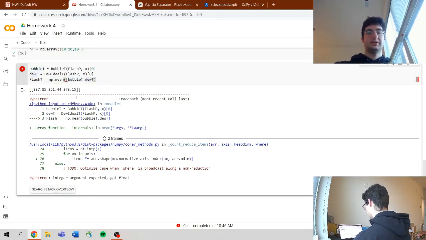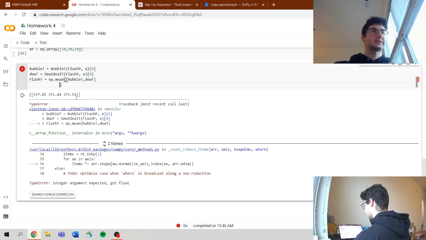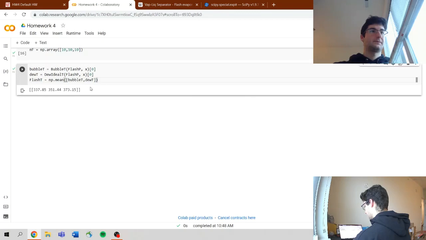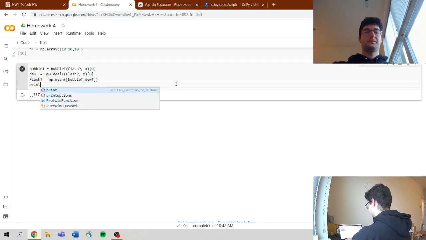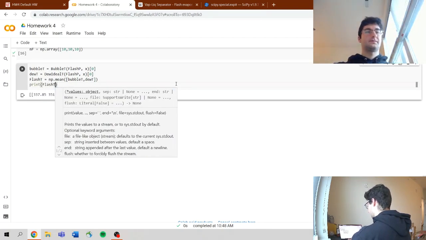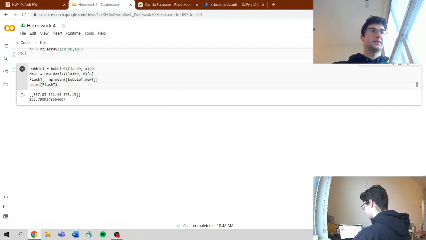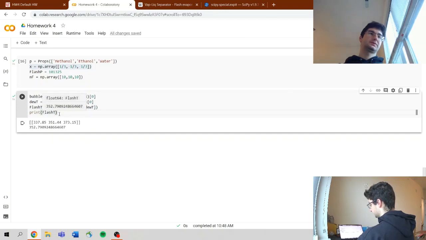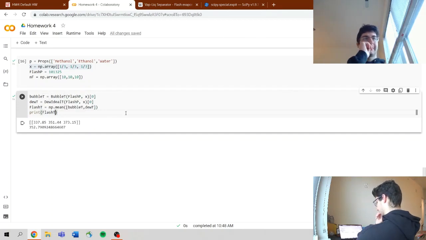Let's try putting it in an array. Sometimes it likes that a little better. That gives 352. At this temperature and pressure, I believe our bubble temperature is about 347 and our dew temperature is about 358, so 352 is perfect. That's what we need.